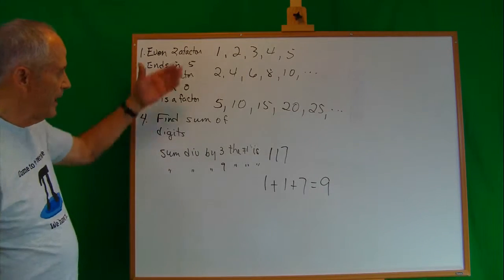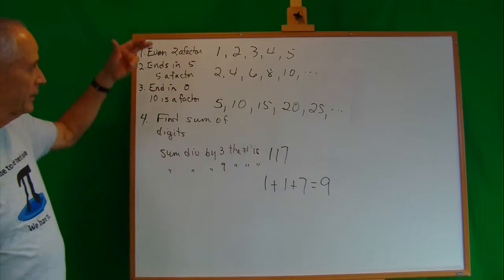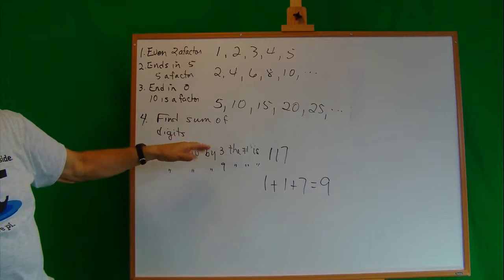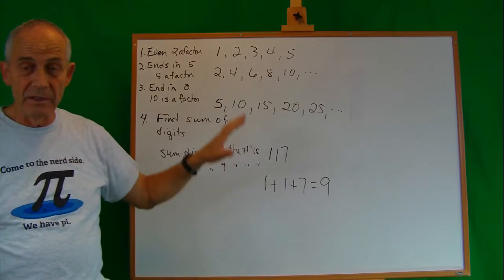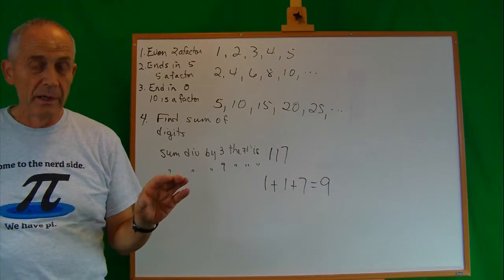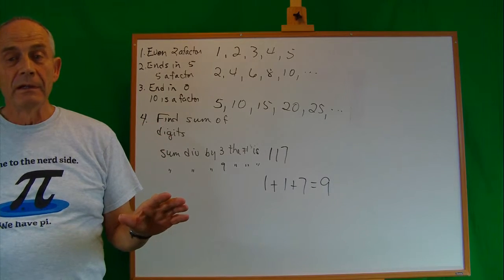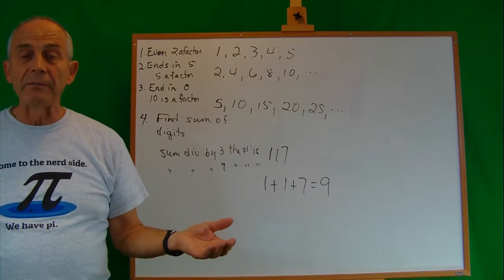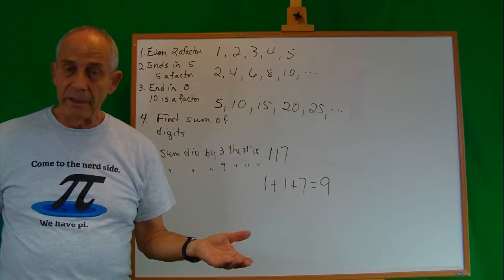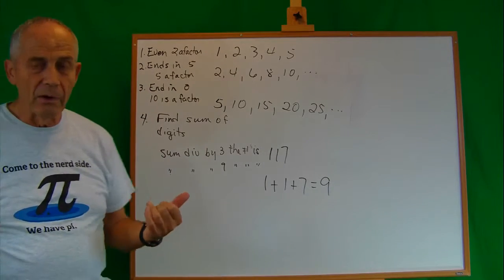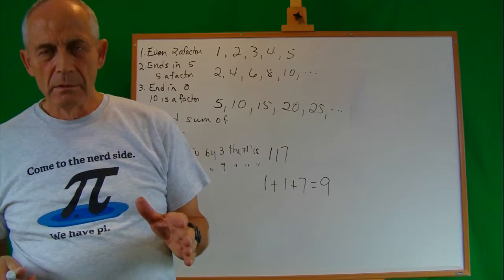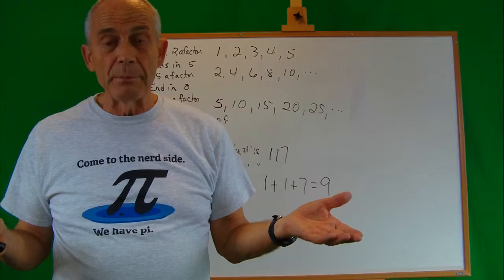So we can find factors of 2, 5, 0, and 3 and 9 using these 4 rules. Now these rules are to help you when you're trying to do factorization, so you can look at a number and try to figure out what the factors might be. Okay? So if they don't work, then a factor could be a prime number.